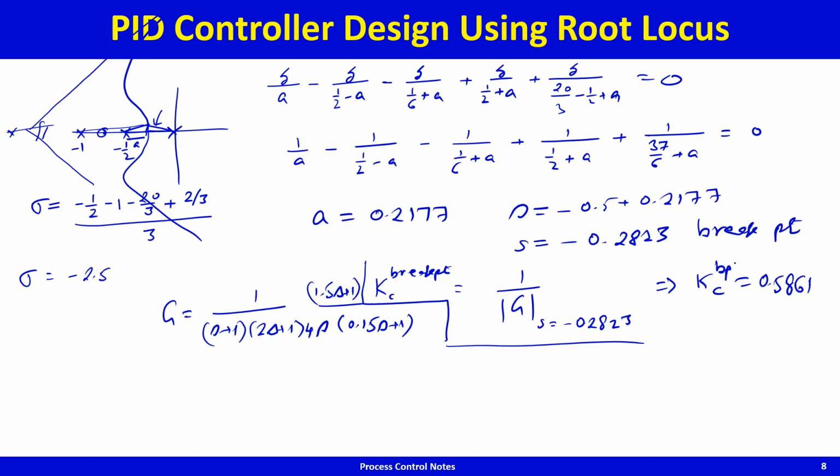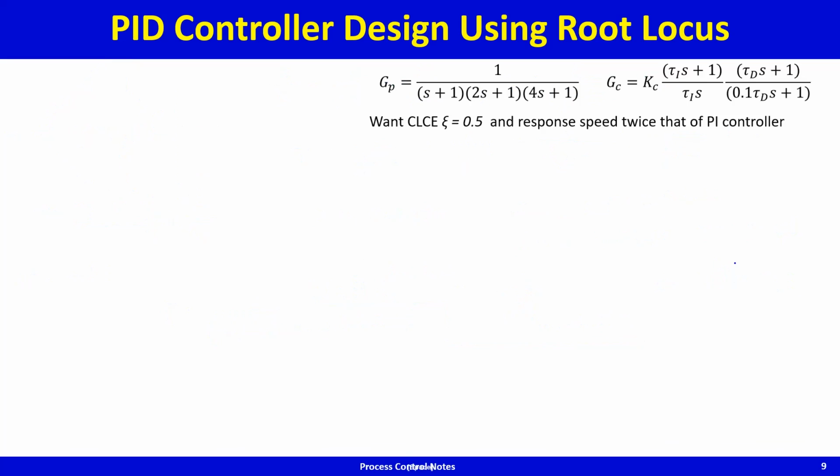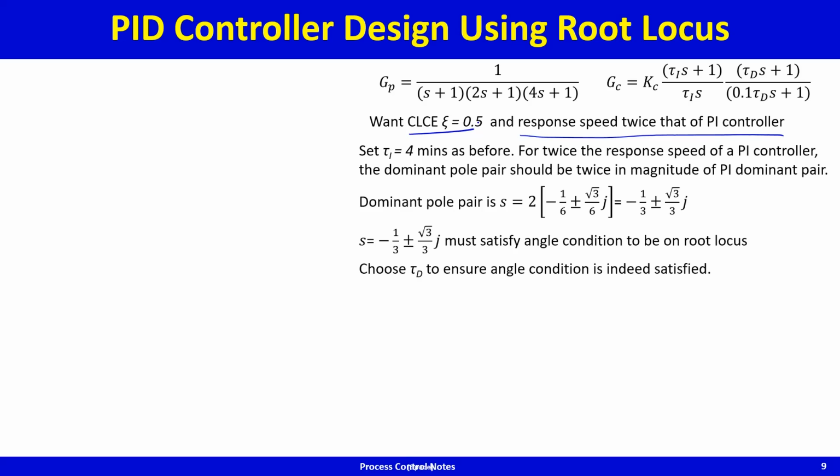Now just to summarize, this is your PID controller. We want a response speed that is twice of the PI controller, and we want a closed loop damping coefficient as before of 0.5. So set tau I equal to the largest open loop time constant. For twice the response speed of a PI controller, the dominant pole pair should be twice the magnitude of the PI dominant pair.